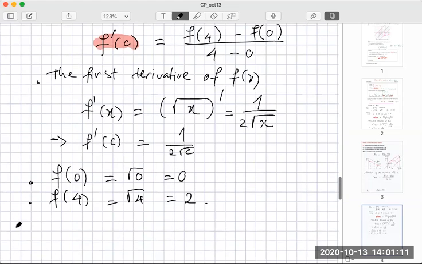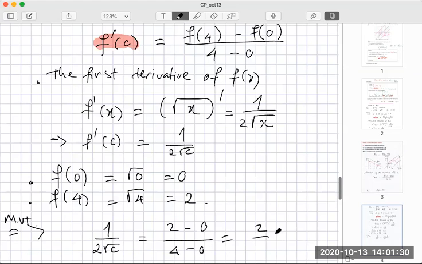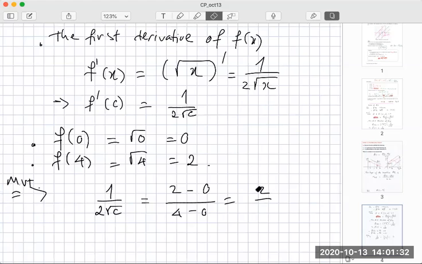Therefore, we have the equation that 1 over 2 square root of c should be 2 minus 0 divided by the difference of the interval, which is 2 over 4, right? Or 1/2. Okay, we got that, right?